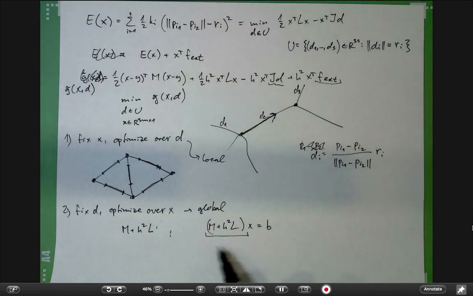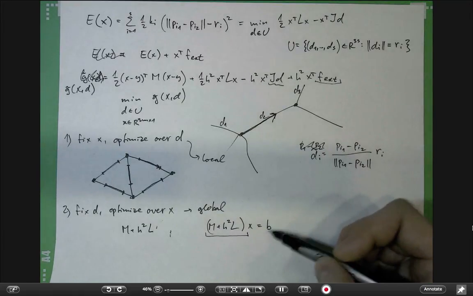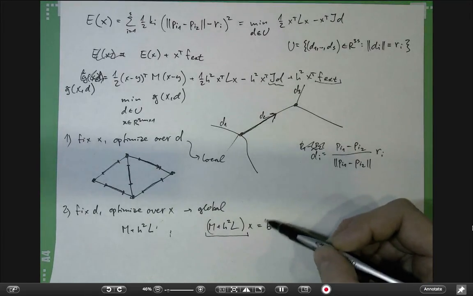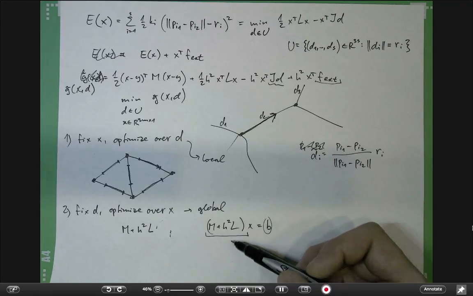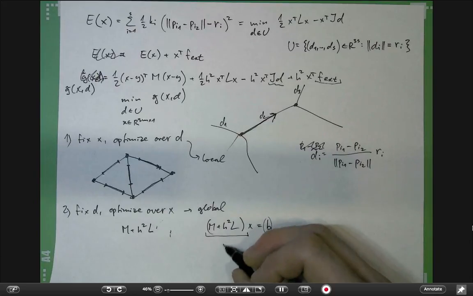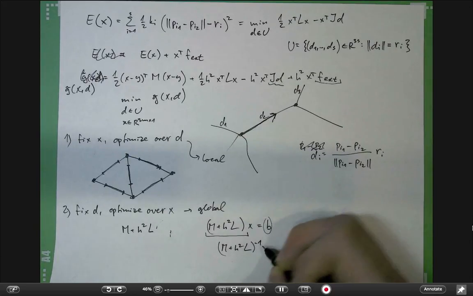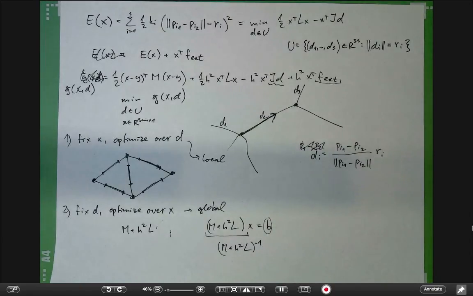But most of the time, this M plus h squared L is going to be constant. So that means that we can efficiently prefactor it and solve this system for different right-hand side B's. The right-hand side, the B's, will be changing every step. But the system will not. You can think of it as pre-computing the inverse, except that you don't really want to pre-compute the inverse because this is a sparse matrix and the inverse would be a dense matrix.